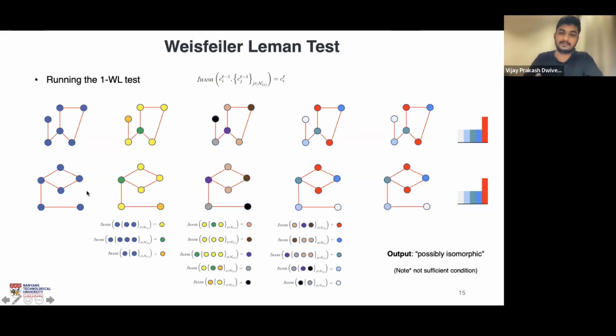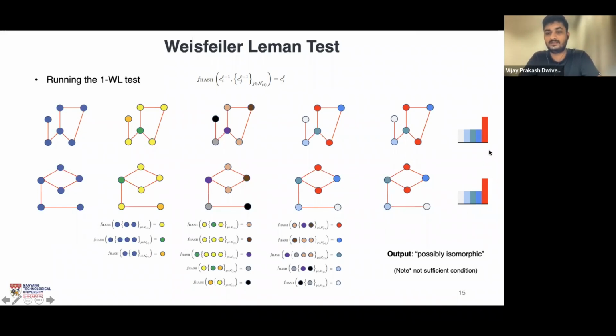It doesn't guarantee that these two are isomorphic graphs, although we know for a fact that these are isomorphic graphs. Hence, this WL test is just a necessary condition. It's not sufficient to guarantee whether two graphs are isomorphic. If, for example, this node had a different color as opposed to this node, which would result in different color histograms, then this algorithm could output that these two graphs are not isomorphic.